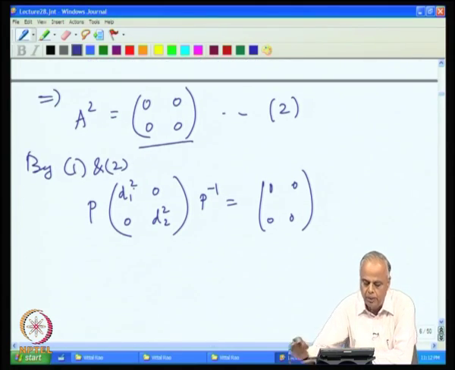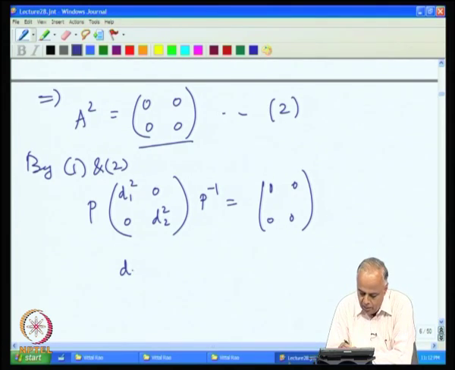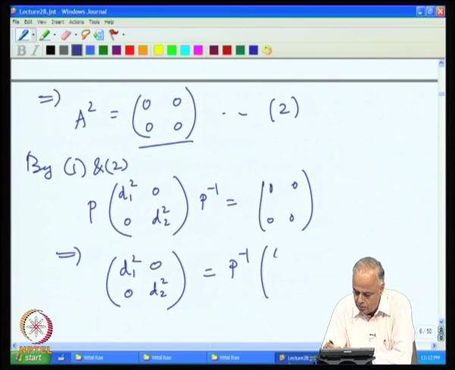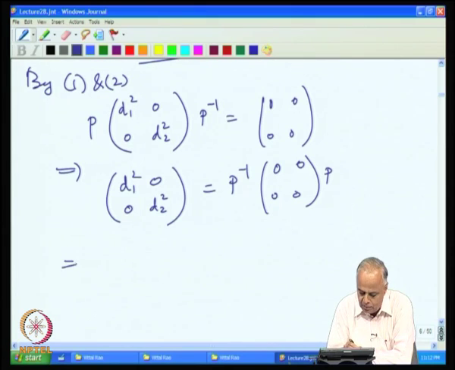Now, we again pre-multiply by P inverse and post-multiply by P, we get diag(D1 squared, D2 squared) is equal to P inverse into the 0 matrix into P, but 0 multiplying any matrix is 0.